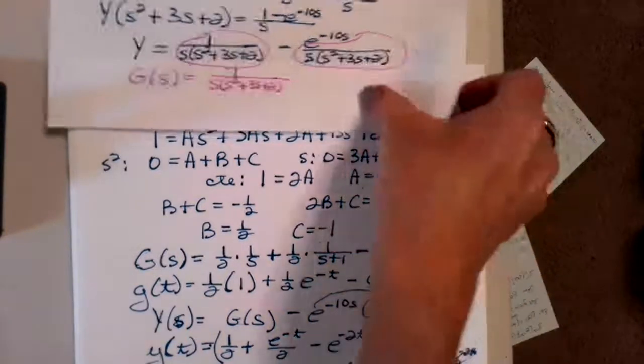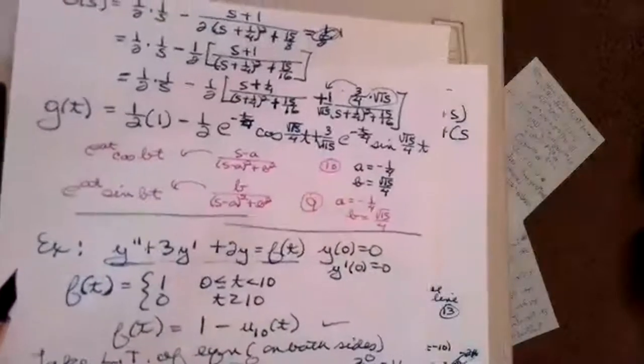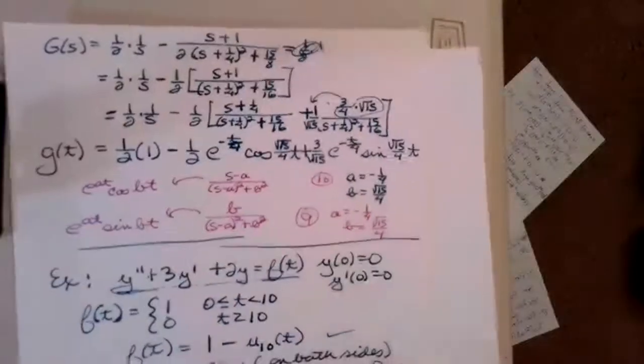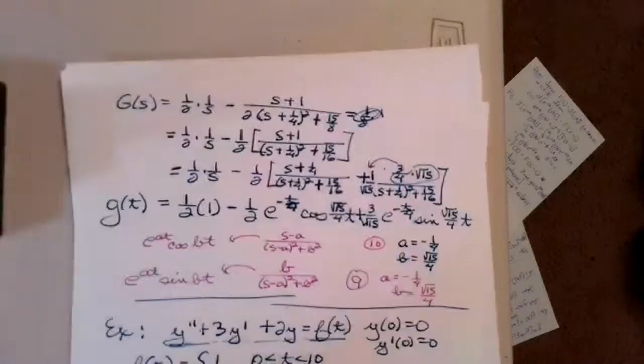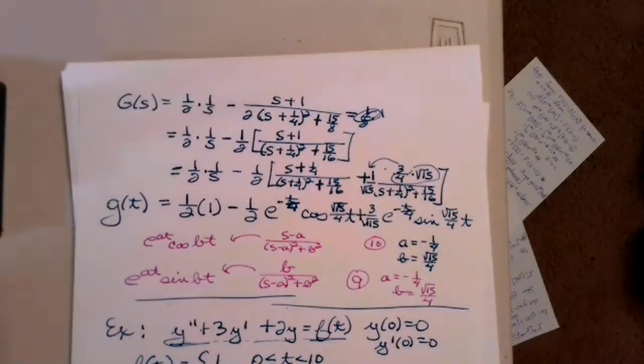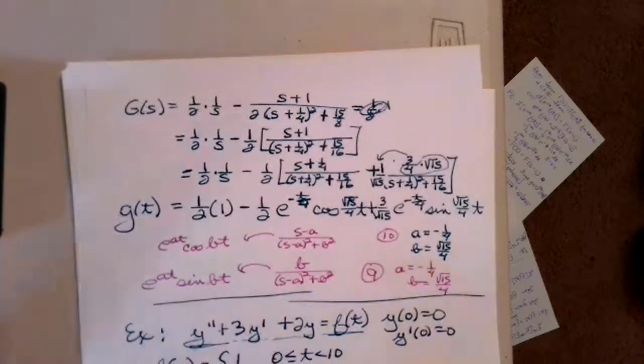Okay, so we had one more step to go on the previous problem, and I just forgot to go back and finish that. So this is back to the previous example. We found that little g, the inverse Laplace transform of capital G, was this guy.